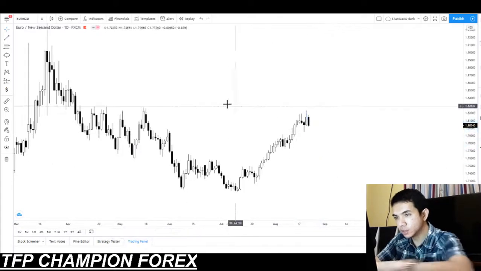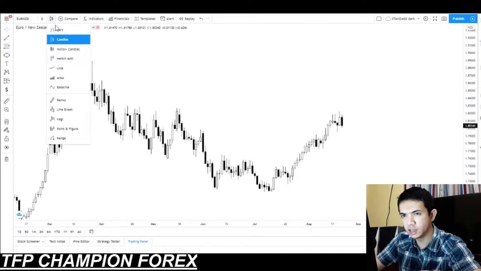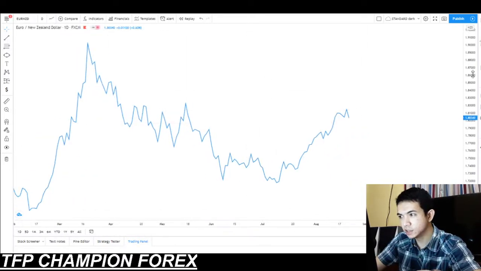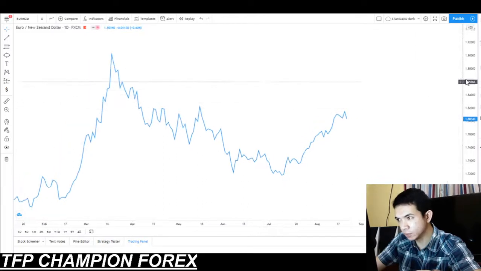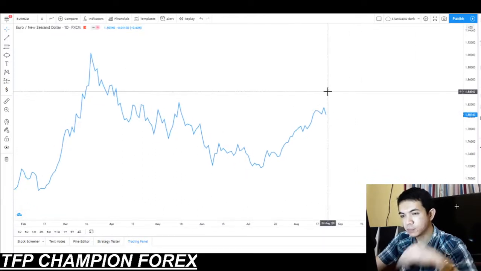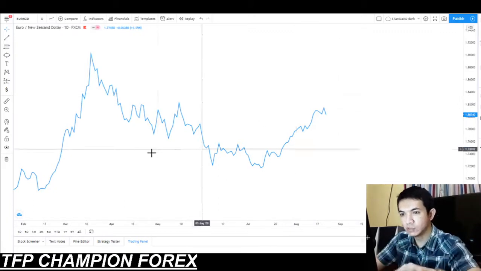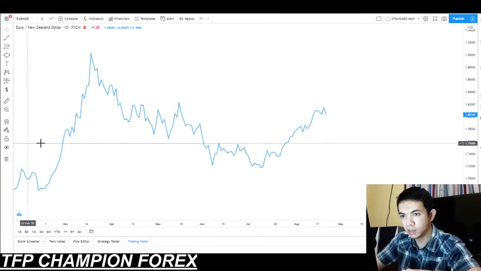So another trick that we can do is go to a line chart, right? Then we can clearly see the market structure without the wicks, right? Where is our key significant level here? Where most likely the price would react given this level of price.